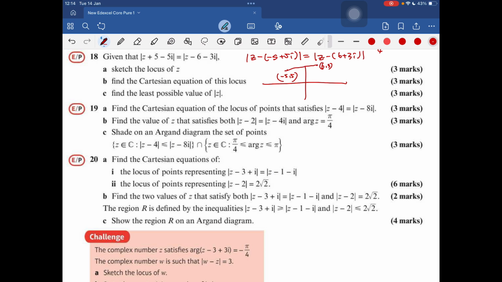So the distance from 2 points, they are equidistant points. So we know that the bisector line, all the points here are equidistant from both points. So this is just the sketch of the locus, the blue line.